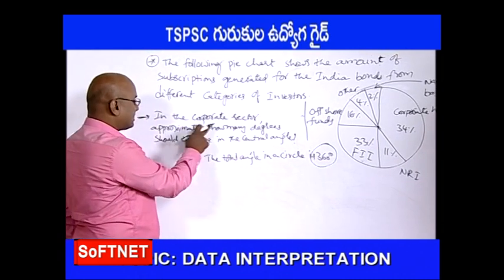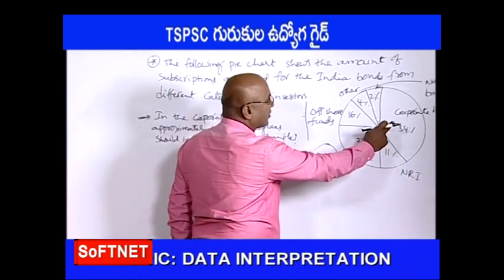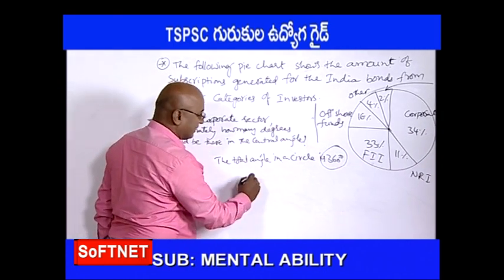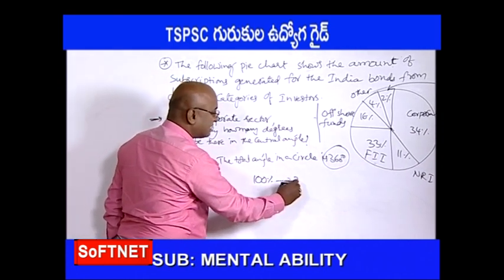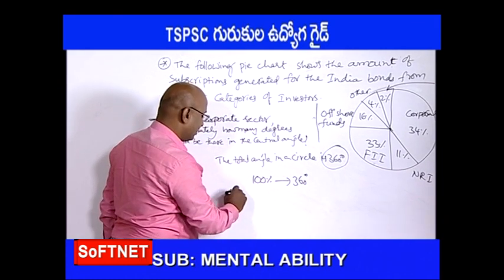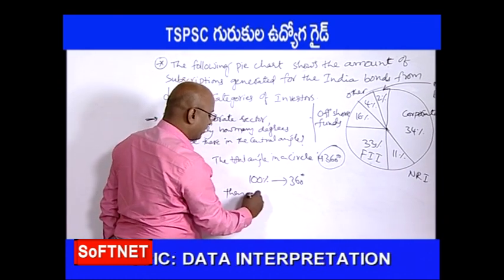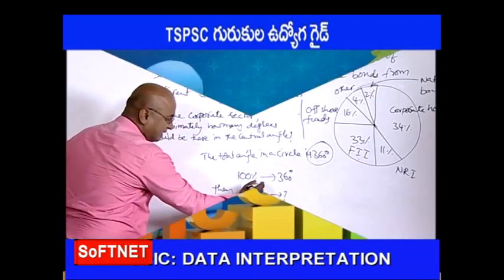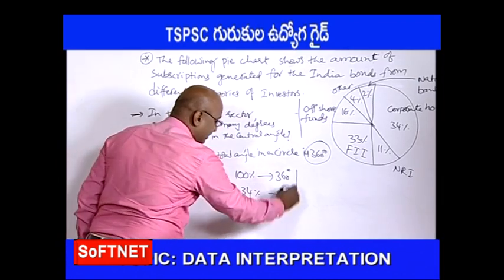Then what is the corporate sector's proportion? It is 34%. Suppose 100% is equal to 360 degrees, then corporate sector 34% is how much? Got it? Now 100% is 360 degrees, then 34% is how much?